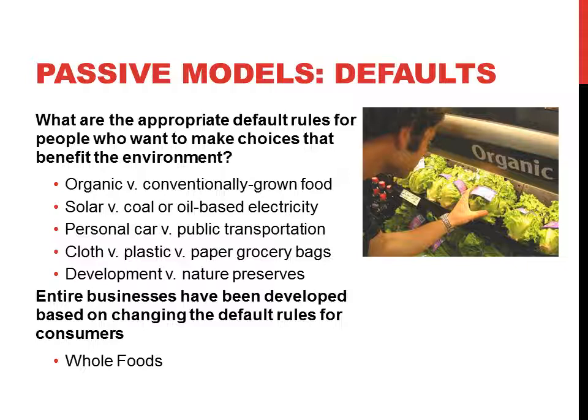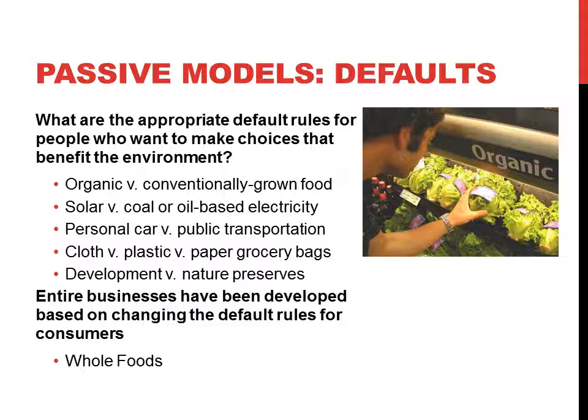Some areas where we need to apply this concept and develop some default rules are organic versus conventionally grown food, solar versus coal or oil-based electricity, a personal car versus public transportation, cloth versus plastic versus paper grocery bags, and development versus nature preserve. So we still haven't answered to a large degree as a society what are the appropriate default rules for people who want to make choices that benefit the environment. What should be the default?